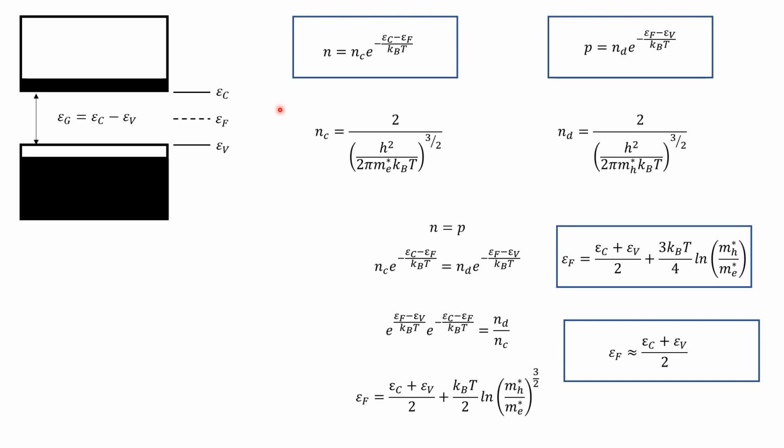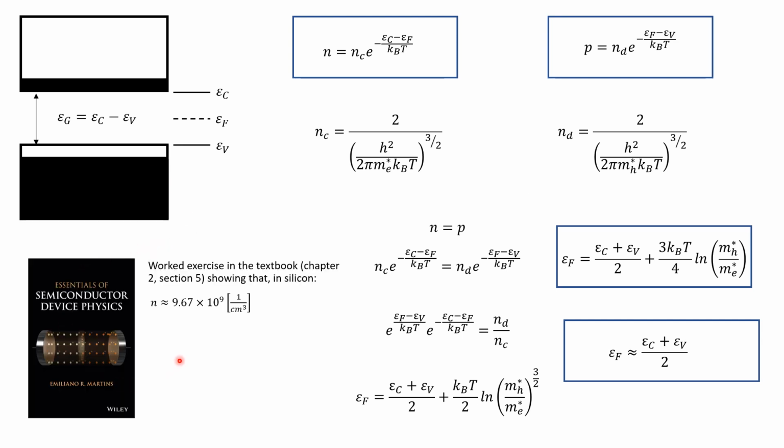So to find the concentrations of electrons and holes, now all we need to know is the band gap. If we know the band gap, then we know this distance, which is this term, and we know this distance, which is this term. Then we just need to plug in the numbers, and we also need to look up the effective masses of electrons and holes in the material.